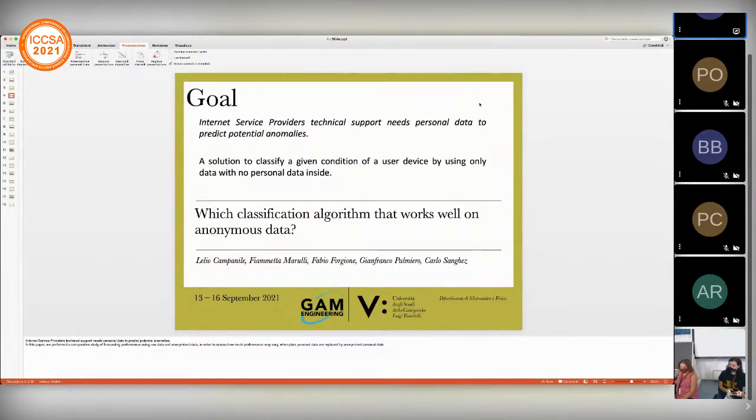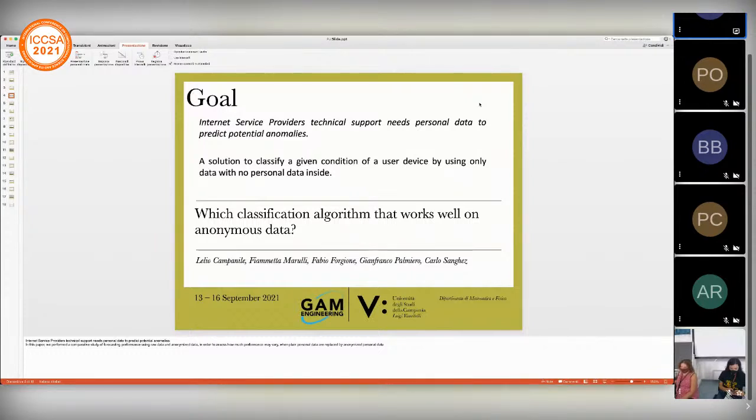We worked a lot with people from internet service providers. We know that internet service provider technical support needs personal data to predict potential anomalies. When I say personal data, I mean the IP address of a user, the MAC address of a user device, sometimes the location of the house of the customer, and so on.